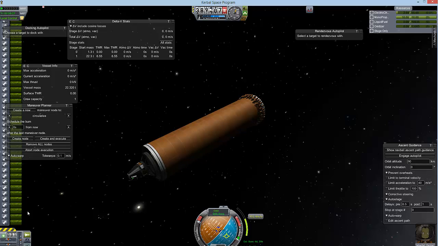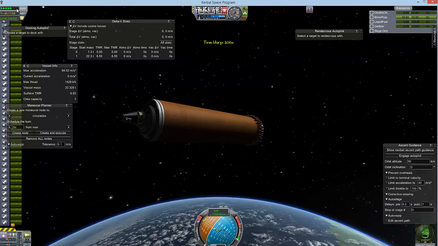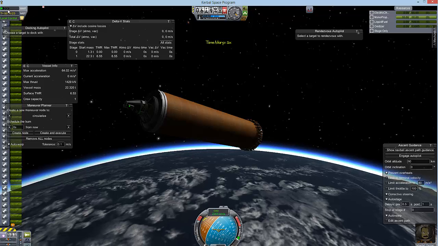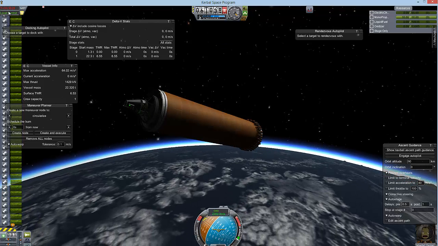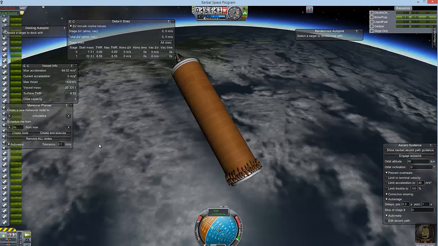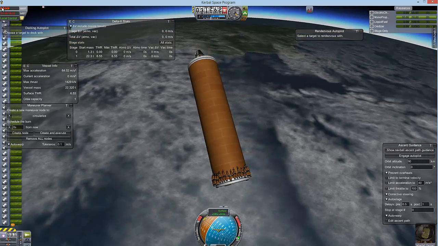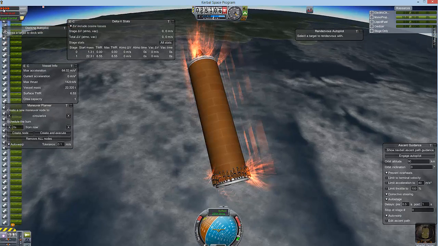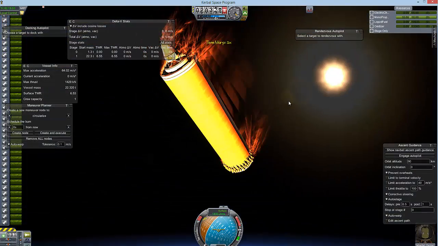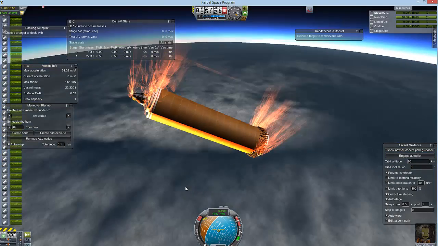So let's let this crash and burn, and take a plunge. Possibly. Wonder where it's gonna land. So basically, this is pretty much as far as the delta V goes. And the fire coming out of that.